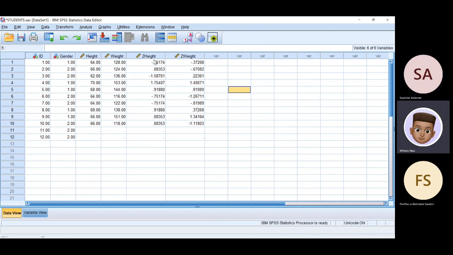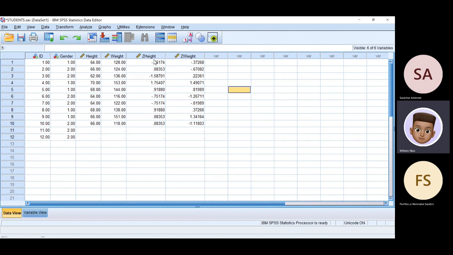The other thing you should consider before we run that is the ID, which represents the respondent. So the first respondent, 1, their height is 64 and their weight is 128. The second one, their height is 66 and their weight is 124.